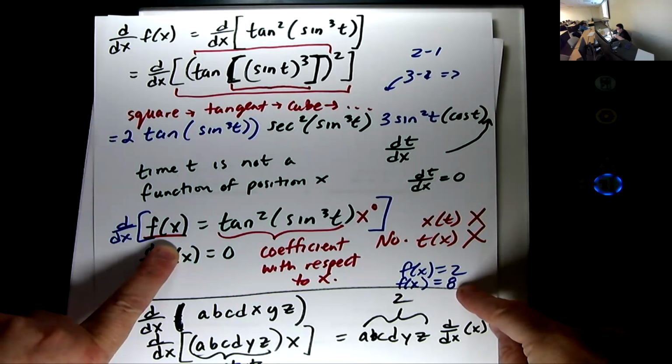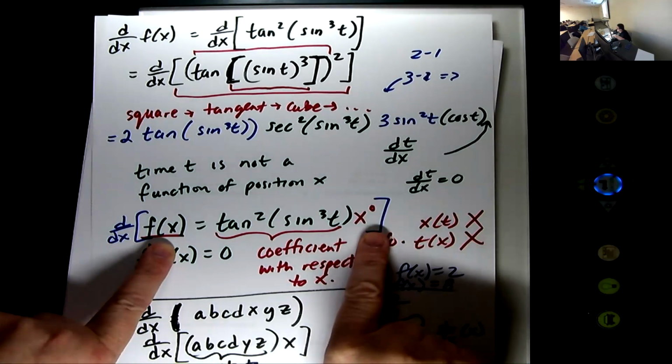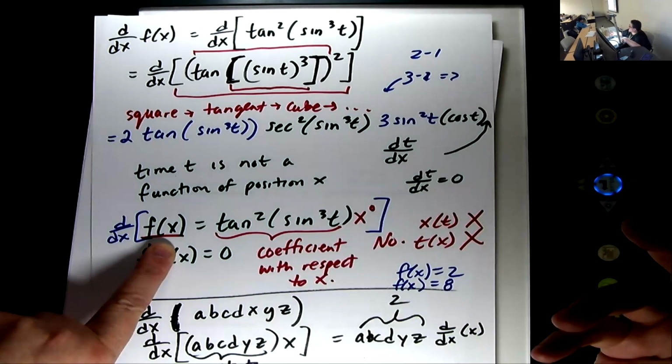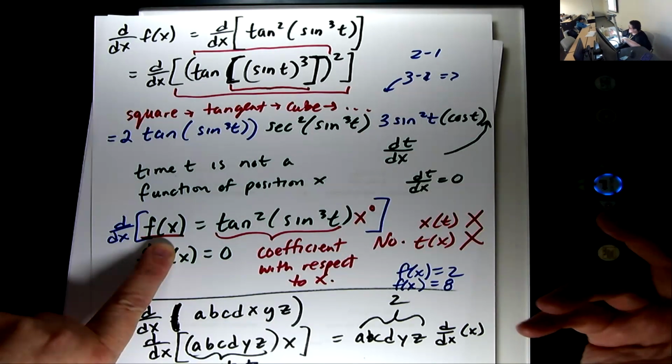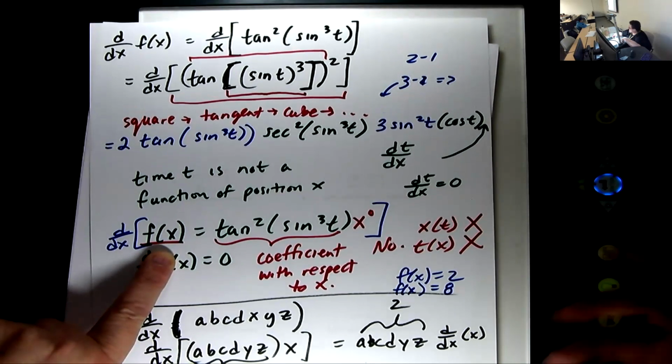So when we take the derivative with respect to x, it's just like having an x to the 0. And if you did the power rule on the 0, you bring the 0 down and it zeroes it out. The derivative of a constant is 0. It's one of the first derivatives we learned.